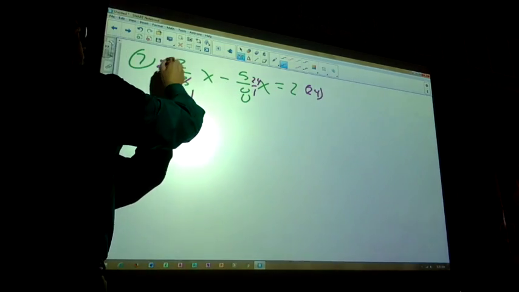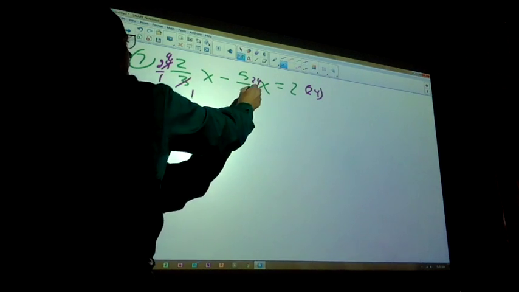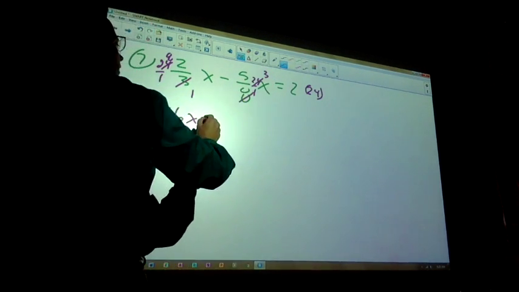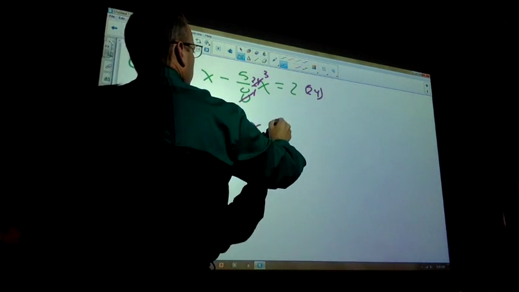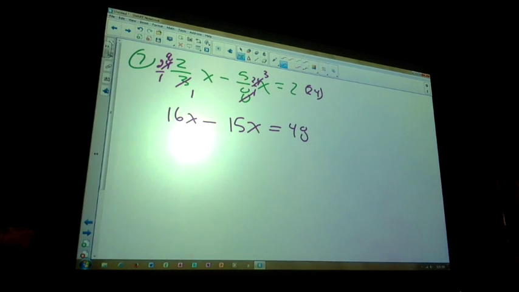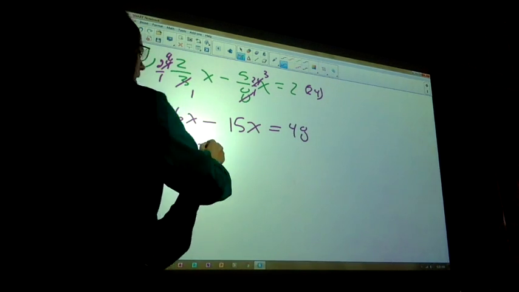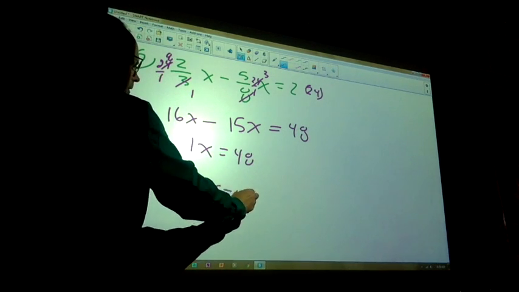So 3 goes into 24 8 times. What do I have right here? 16x. Good. This goes into here, so what do I have here? Negative 15x. Good. And over here I have 48, I believe. So 16 minus 15 is 1, so I get 1x equals 48, which is the same thing as just x equals 48.